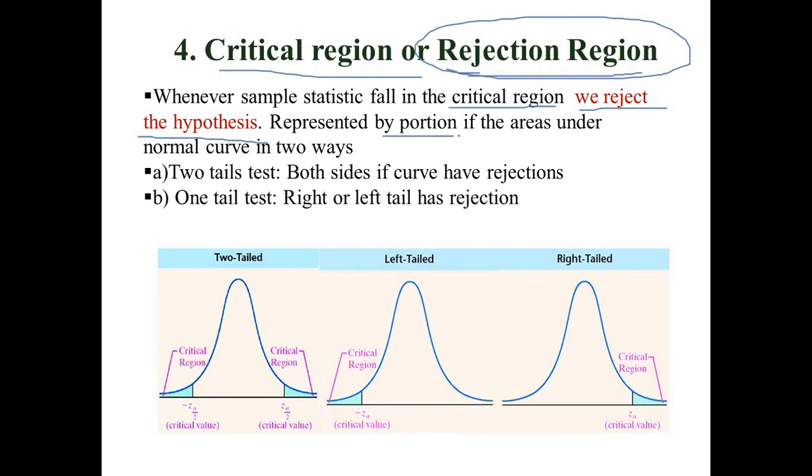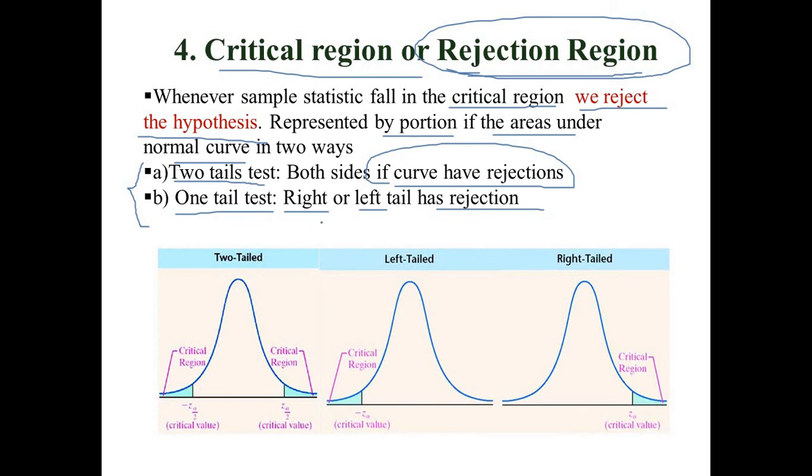Note down that it is a portion of the area under the normal curve, and that is categorized into two parts: the two-tailed test, where both sides of the curve have rejections, and the one-tailed test, where only the right or left tail has a rejection.